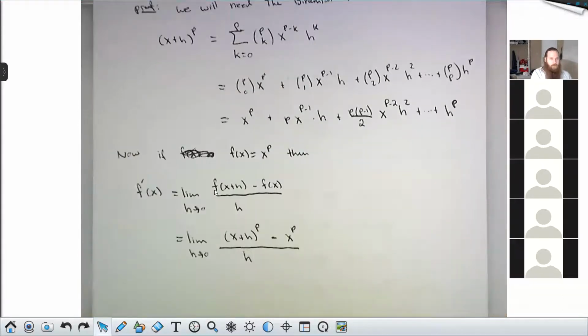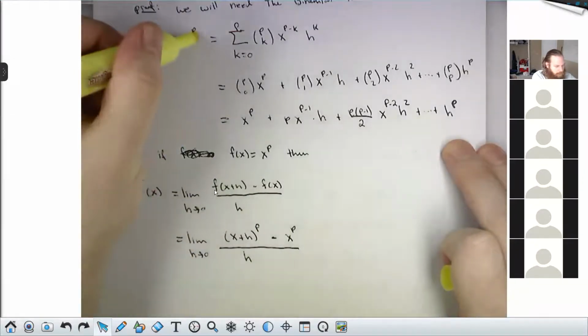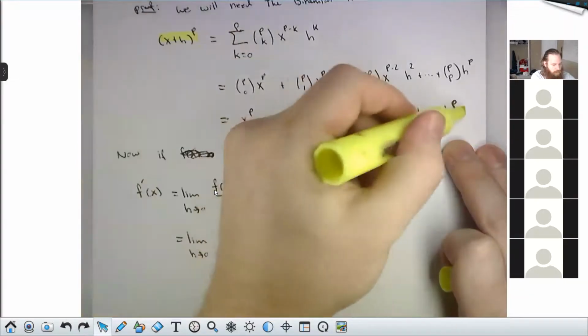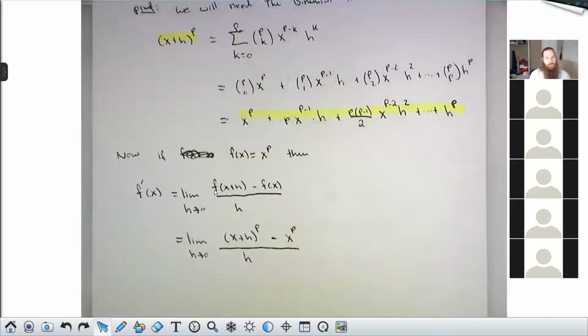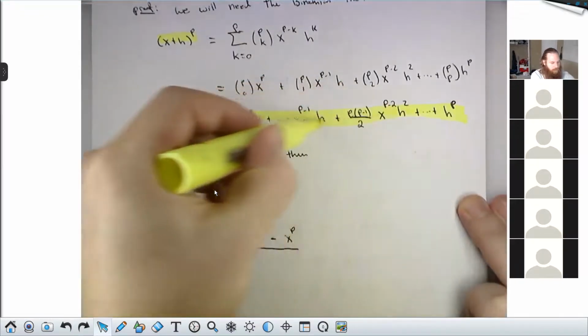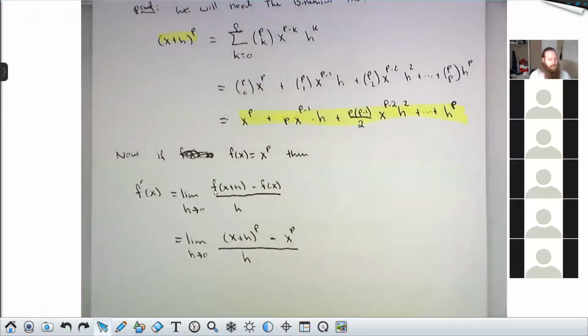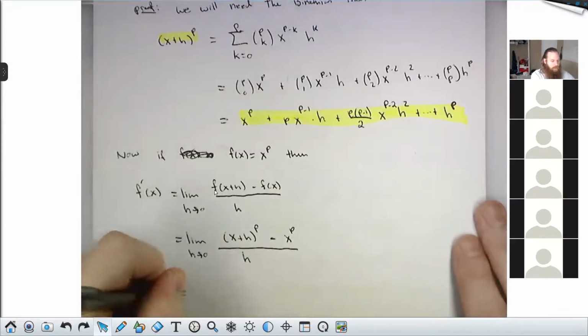And it's in this line where I'm going to use my binomial theorem. The form I will use it is this is equal to this. All right, so my x plus h to the p on that bottom line is going to be replaced by the highlighted expression above. It's going to get a little messy, but I promise you we can handle it. It's not too scary.